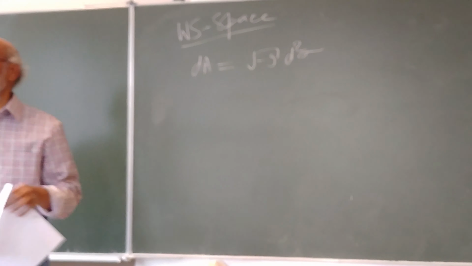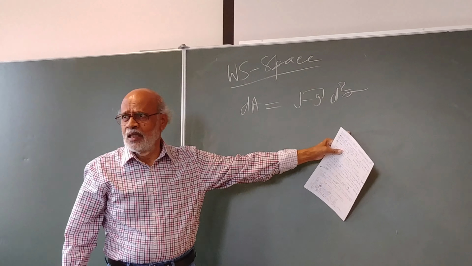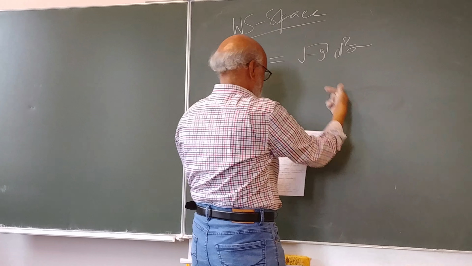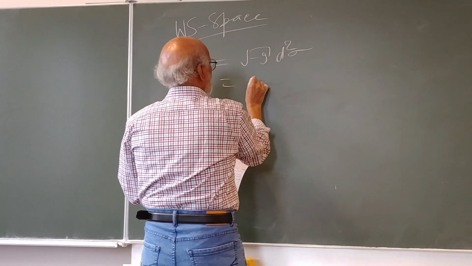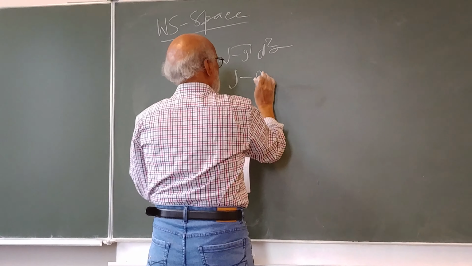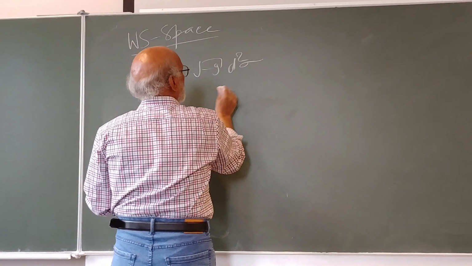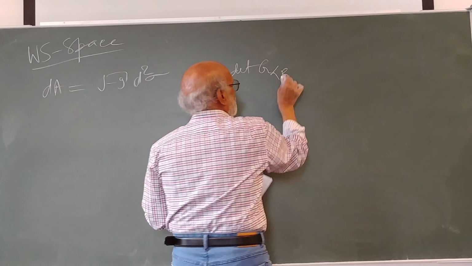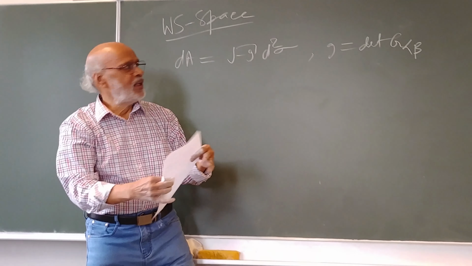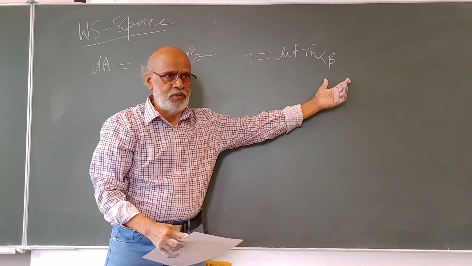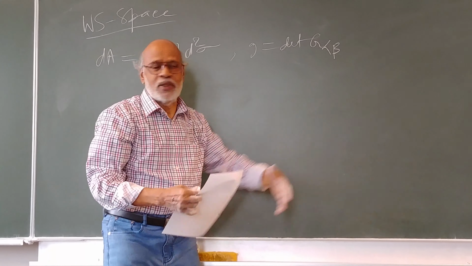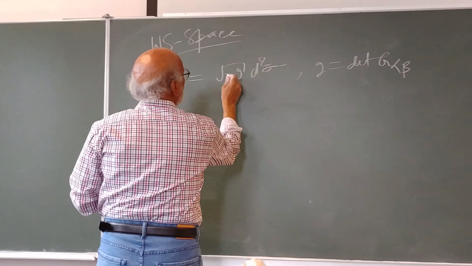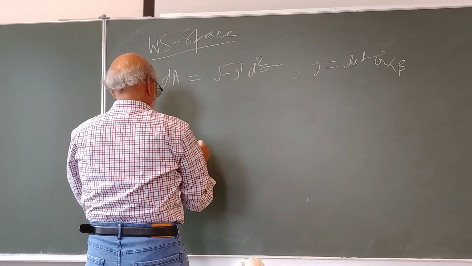We are talking about the world sheet space. So this is the invariant volume element, correct? d2 sigma multiplied by the square root of minus g. We are considering a space defined by the metric G alpha beta, the worldsheet space, where g is the determinant of G alpha beta. This is your invariant volume element.